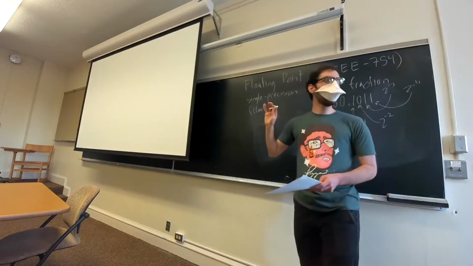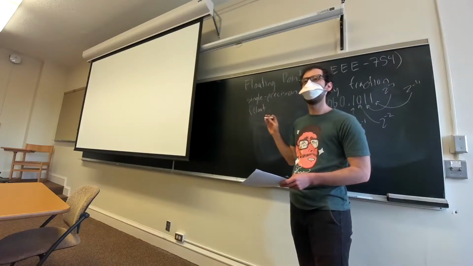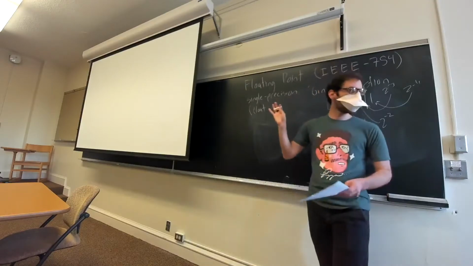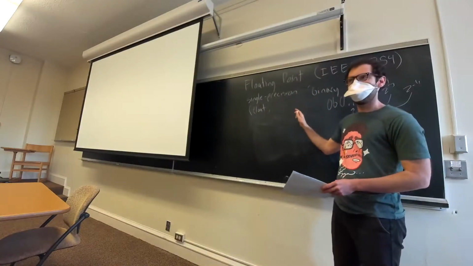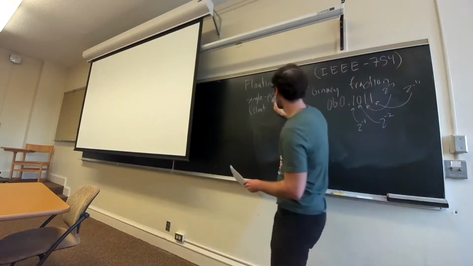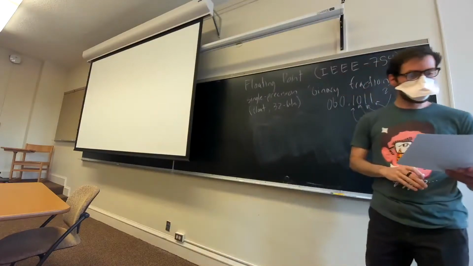Anyone remember how many bits are in a float? Rebecca? Is it 4? 4 bytes is absolutely right. How do we turn that into bits? 32. So we have a float that's 32 bits.